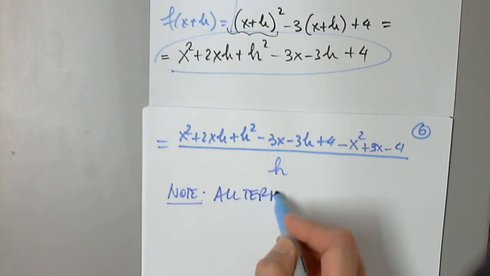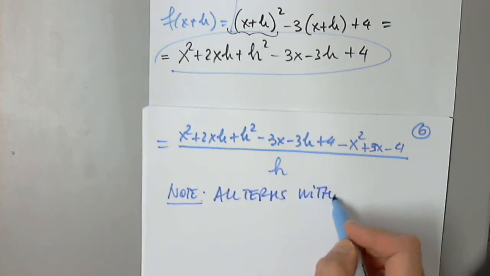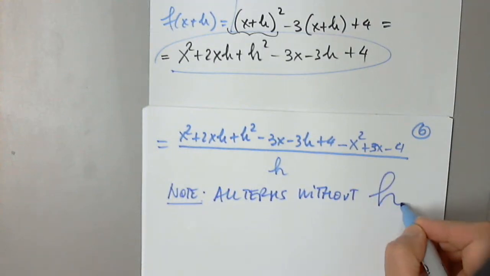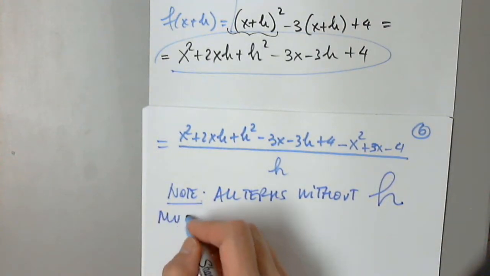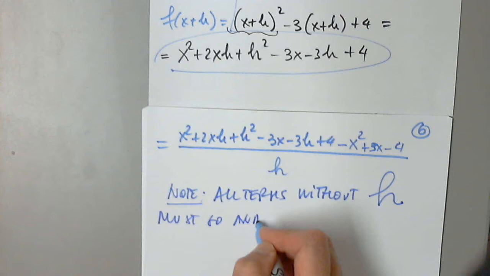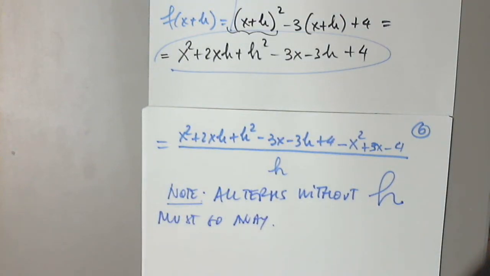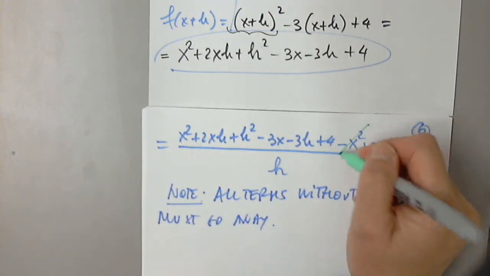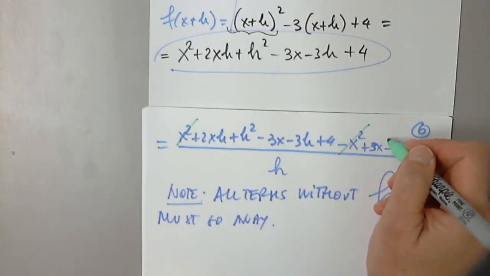All terms without h must go away. You cannot fabricate that. You cannot just cancel them and say it doesn't have h, go away. No, right? I'm trying to be funny. I'm not successful, I know that. Okay, so here it is.